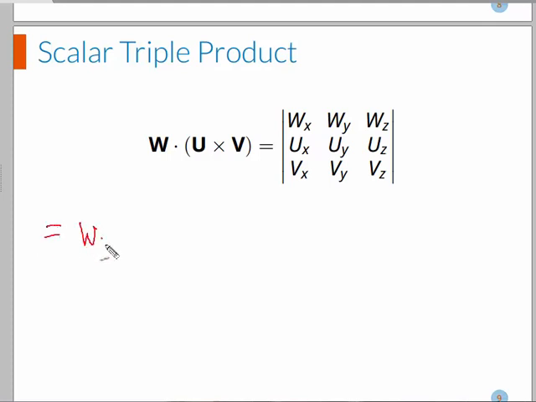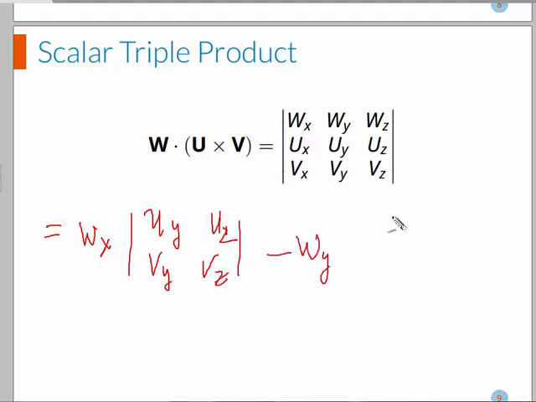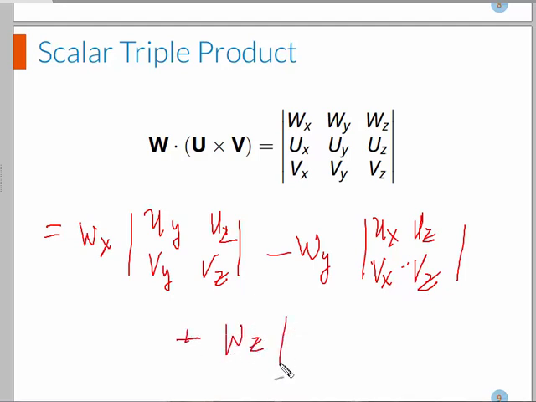And to work it out, Wx times that cofactor, and from this the scalar triple product can be evaluated.